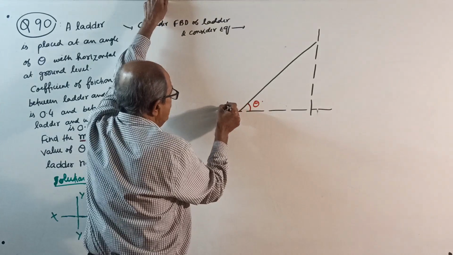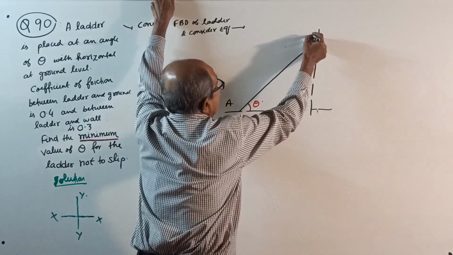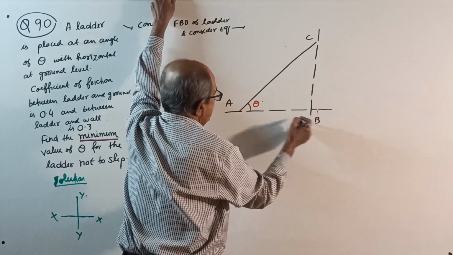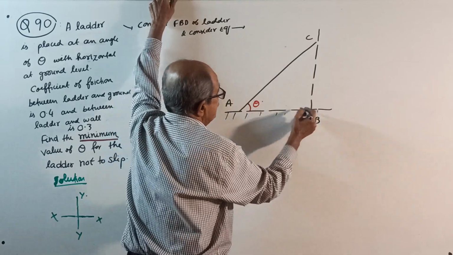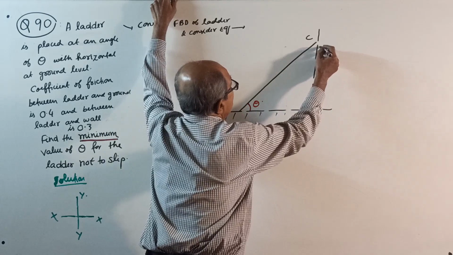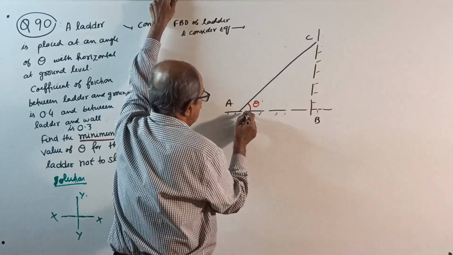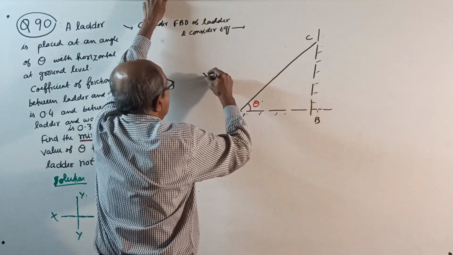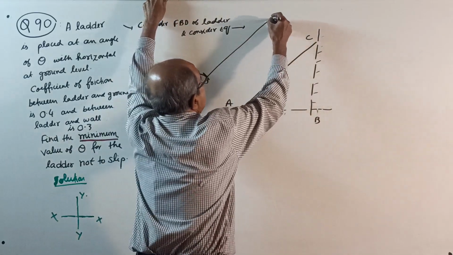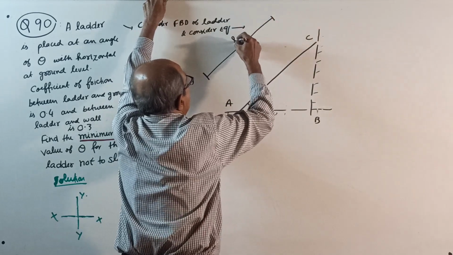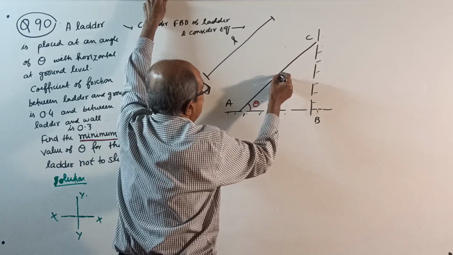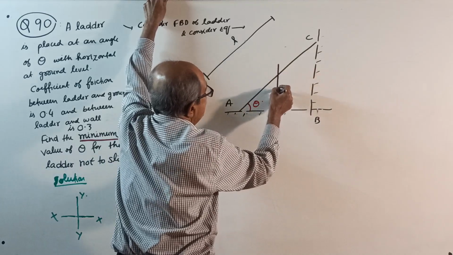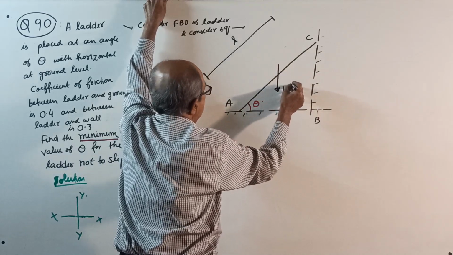Now I took this point as A, this point as C, this point as B. This is a rough surface. This length of the ladder is L, and the weight of the ladder is W acting at the midpoint.